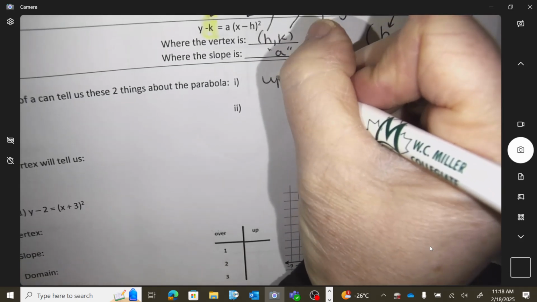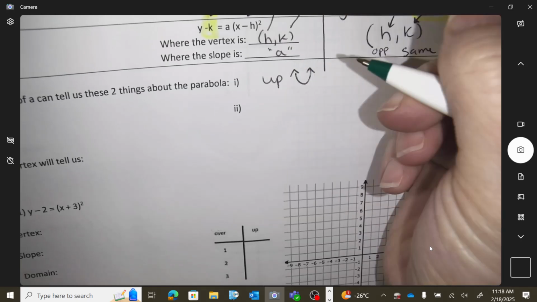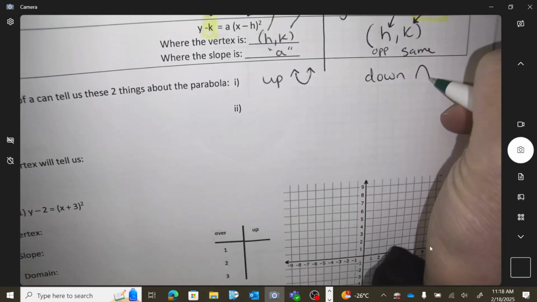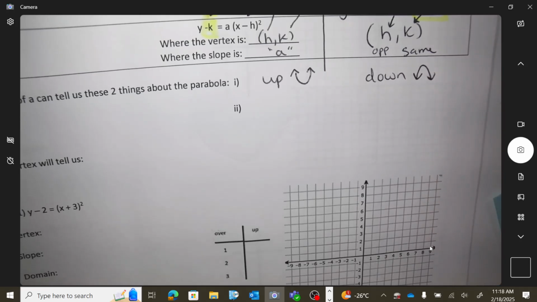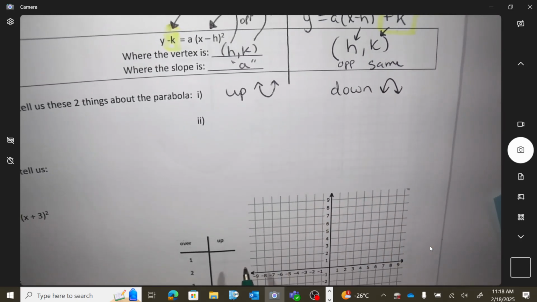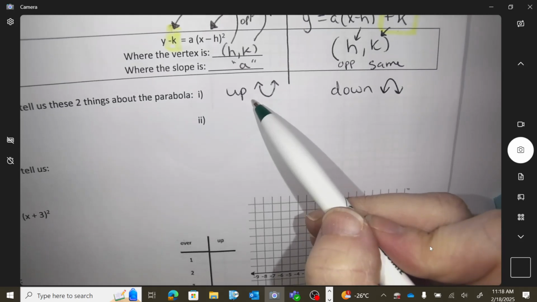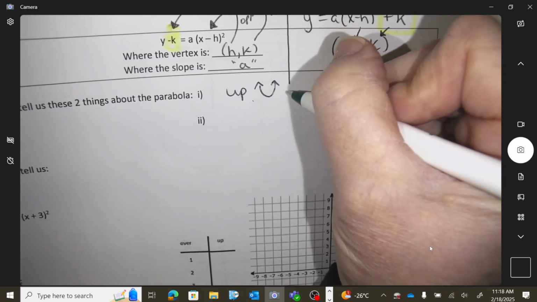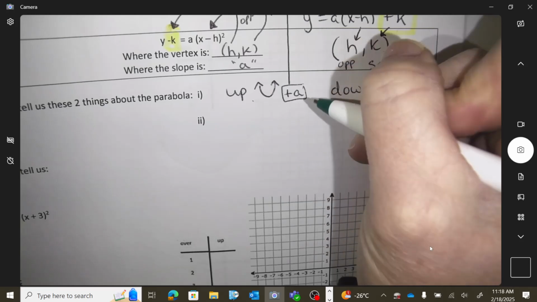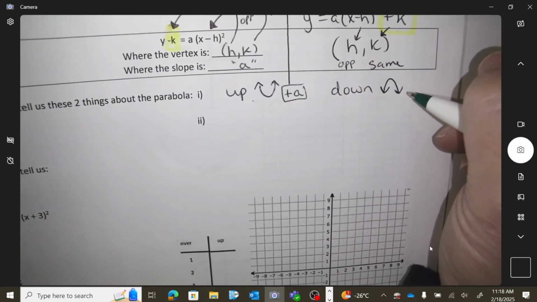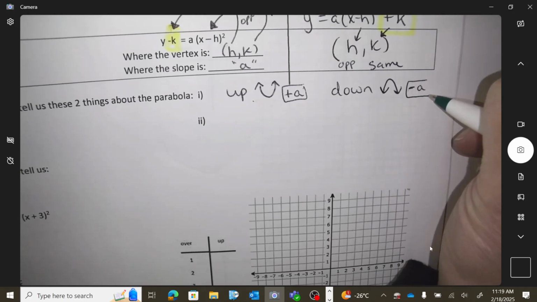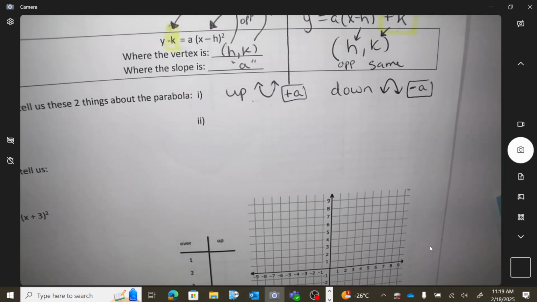It tells us if we should open up or if we should open down. How do we know if my parabola should open up? If a is positive. And how do I know a parabola should open down? If a is a negative number.